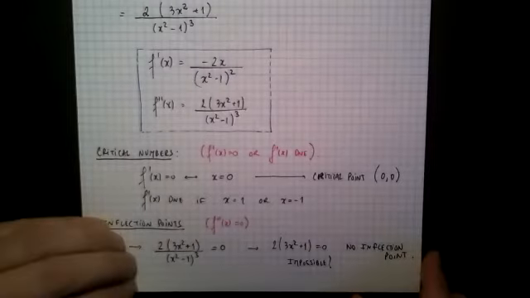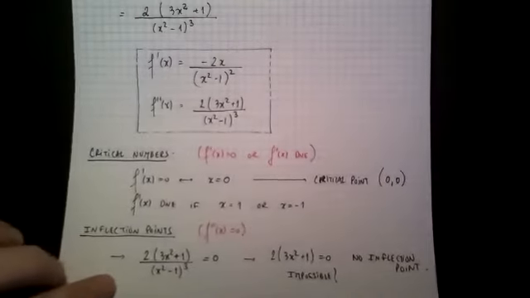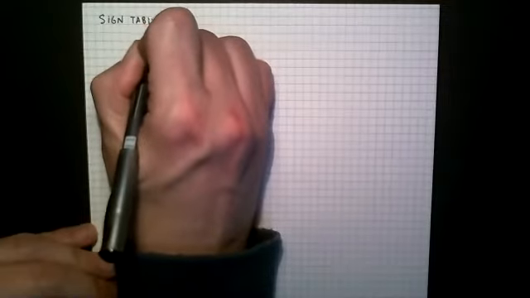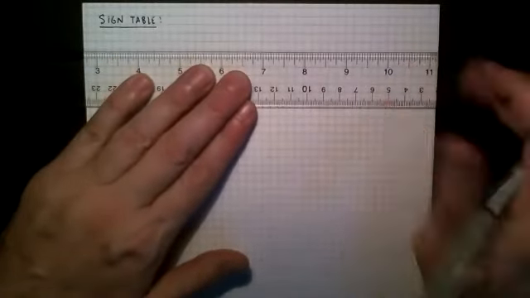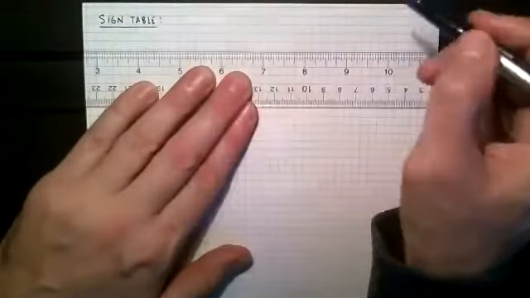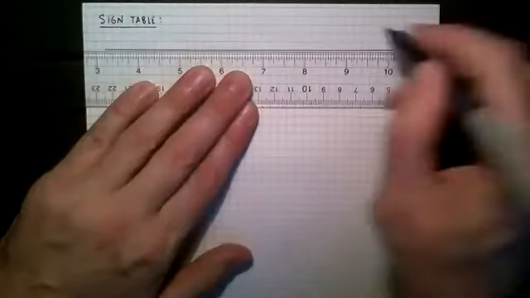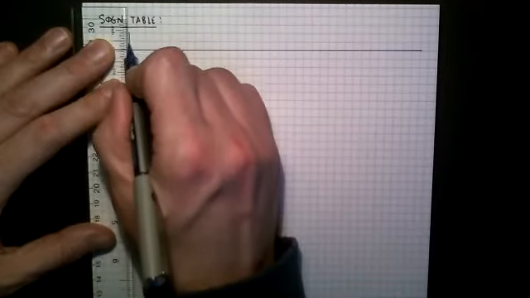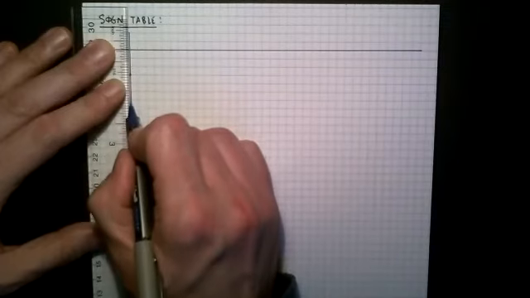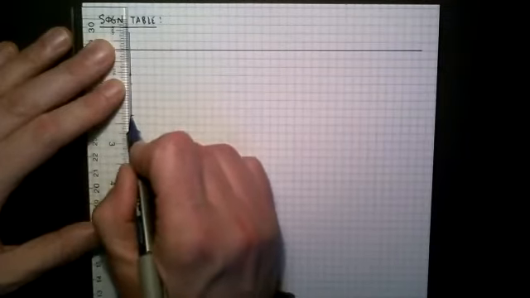Good. Okay. Now we have to do the sign table, and then we're almost ready to draw. Let's go a bit more space this time.